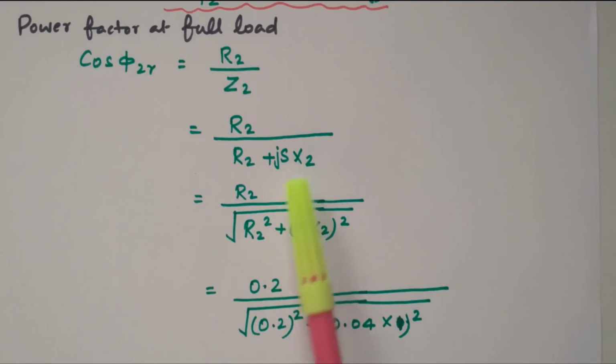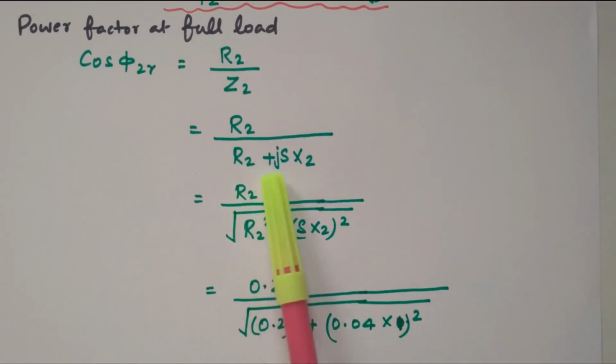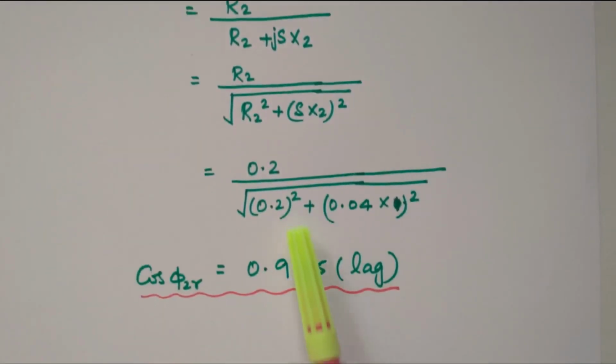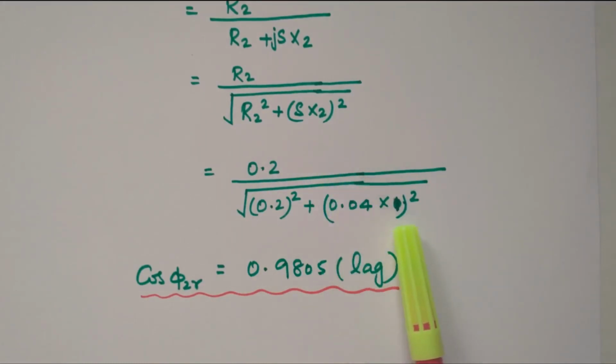So S into X2, that is R2 divided by R2 plus jS X2. The complex number can be written in magnitude as square root of R2 square plus (S X2) square. We can substitute the values: R2 is 0.2, so 0.2 square plus the slip 0.04 into X2, 1 ohm, square. By simplifying this we got 0.9805 lagging, because of the inductor it is given as lagging.